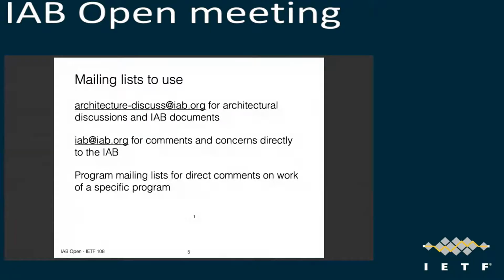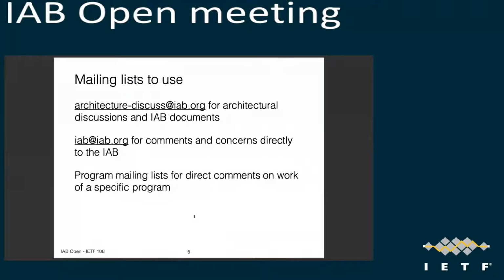Also, you can always send comments or any kind of input and feedback directly to the IAB using the iab@iab.org mailing list. But we also have the architecture-discuss mailing list, which is an open mailing list everybody can join. And you, the community, and we together can have discussions related to architecture topics.